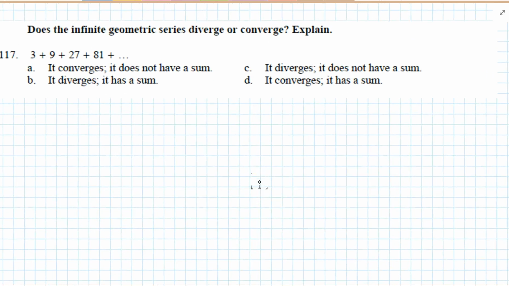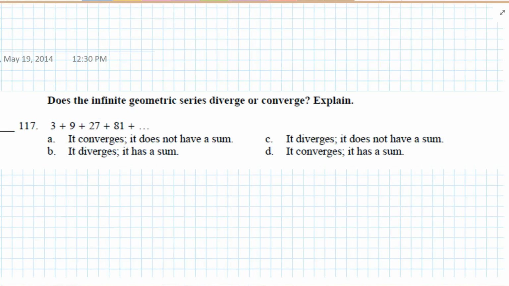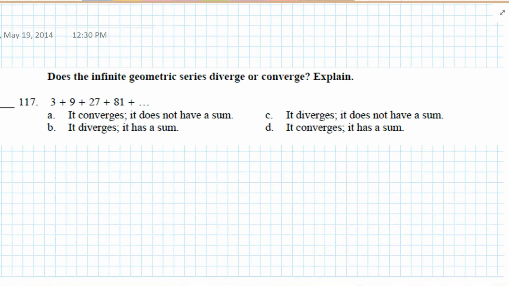117. Does the infinite geometric series diverge or converge? Well, converge means it comes to a sum, diverge means it does not. So the first thing we've got to do is find our r value, our ratio. Second term over first term is 3. Let's double check that. Third term over second term is 3.